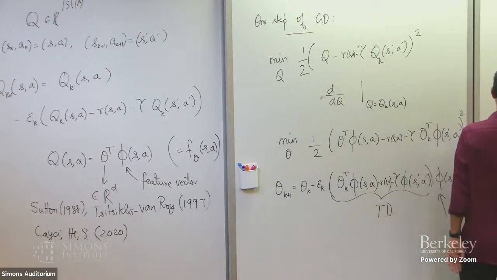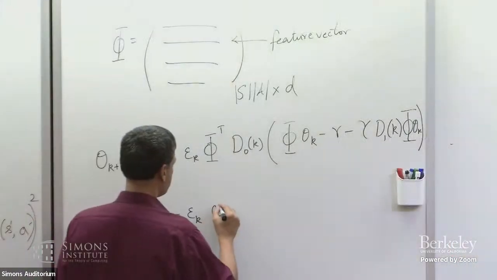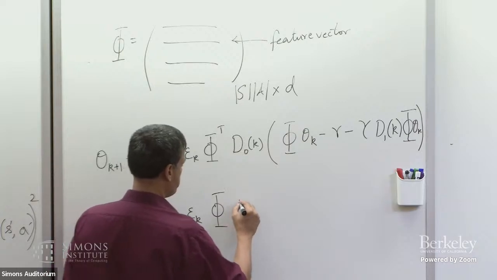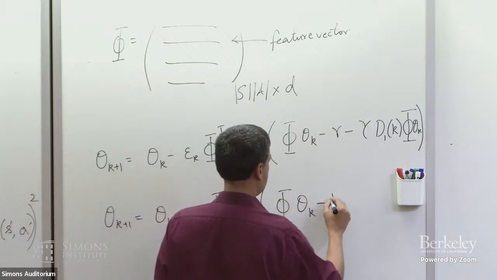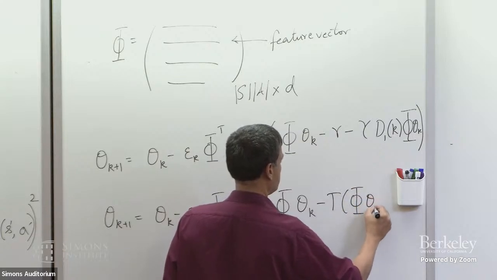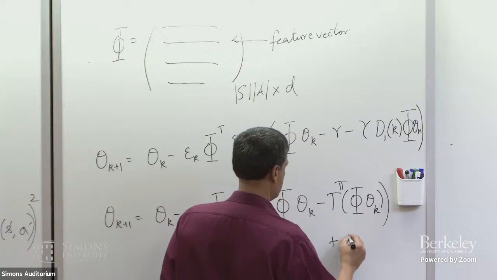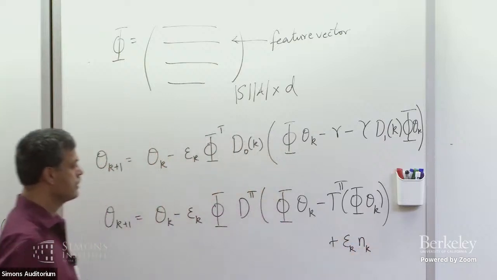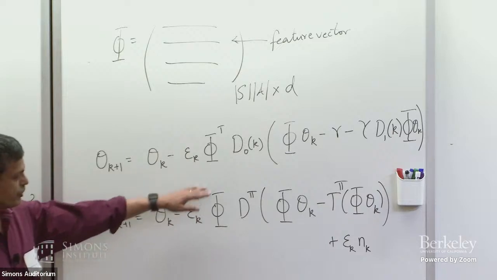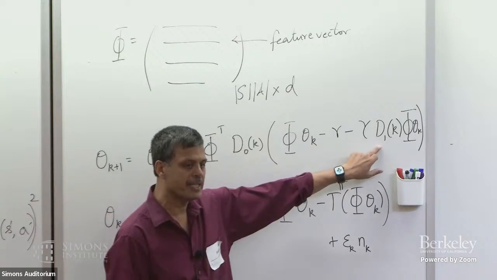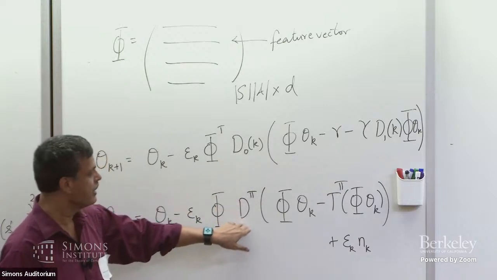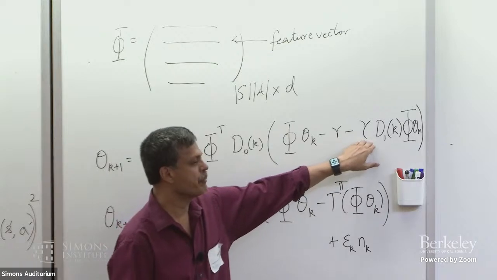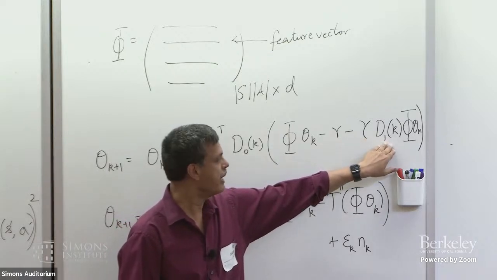Okay, so the key idea is this. I don't know if they wrote it in this particular form, but basically, if you replace these two quantities by the stationary expectations, just exactly like we did in the morning, this becomes D pi, and this is phi theta, and this is r minus gamma times P pi times phi theta.